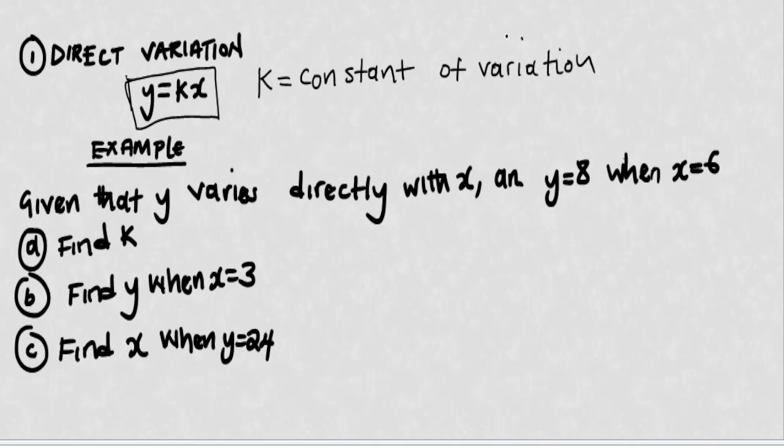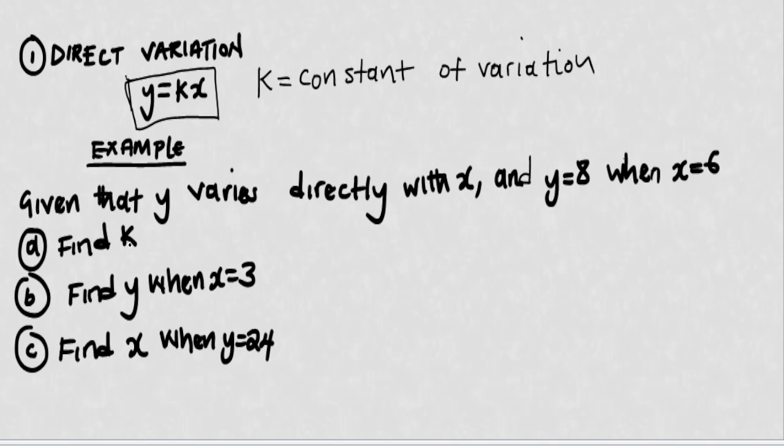Then we're going to look at an example so that you can understand what direct variation is. Look at this example. Given that y varies directly with x, and y is equal to 8 when x is equal to 6.